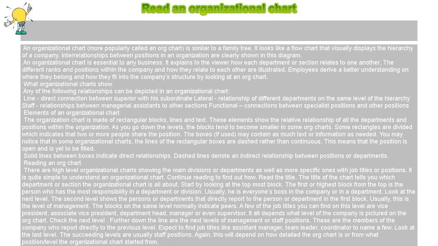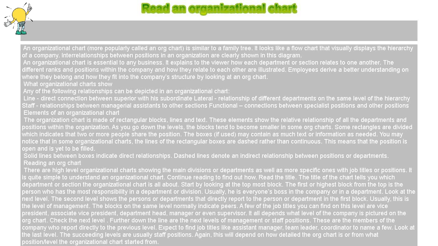A few of the job titles you can find on this level are Vice President, associate vice president, department head, manager, or even supervisor. It all depends on what level of the company is pictured on the org chart.